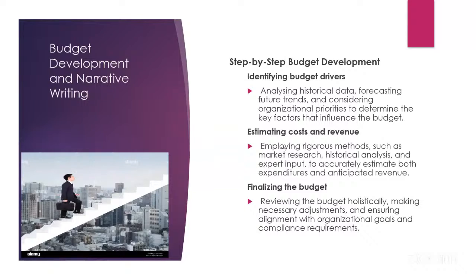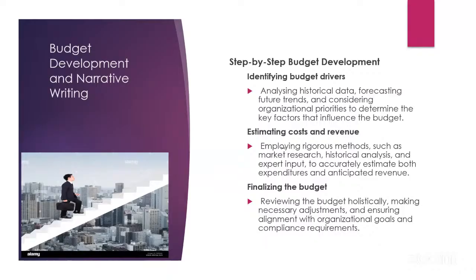So after you've done the cost estimate, you need to finalize the budget. How do you finalize the budget? You have to do the budget review holistically, making necessary adjustments and ensuring that the budget is aligning with the organizational goal and compliance.